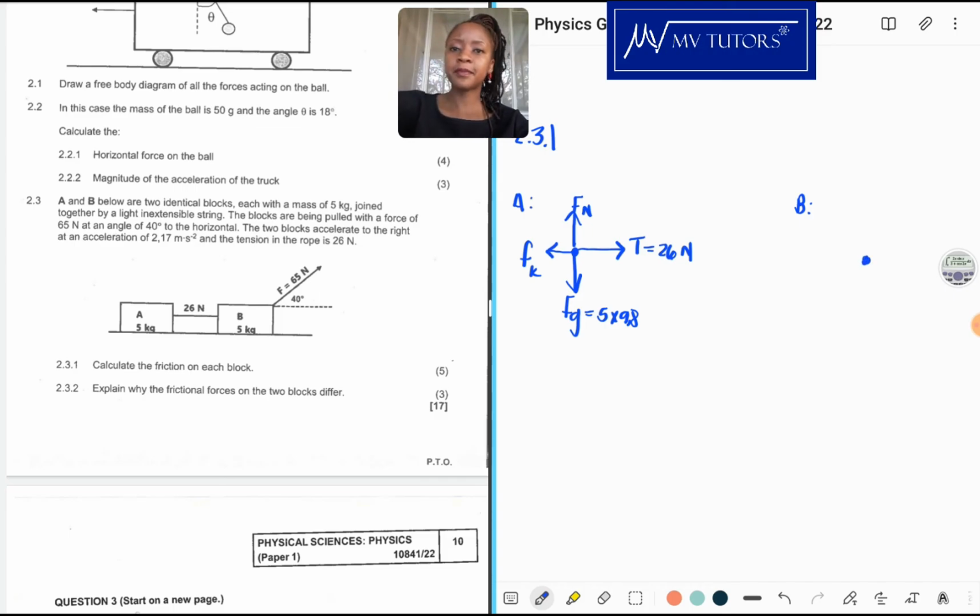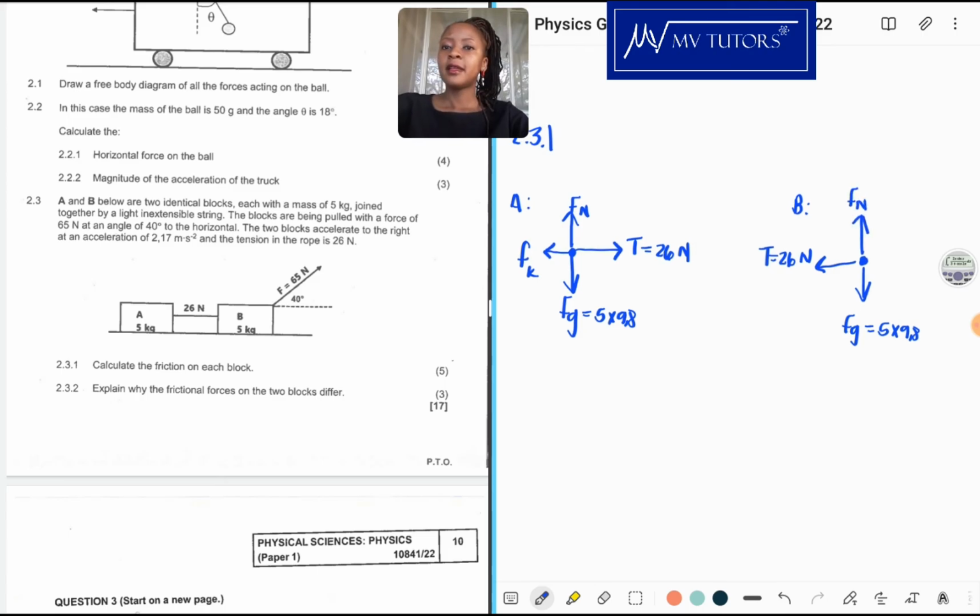And then for B, again, we have the weight. So that's 5 times 9.8. Then we have the tension force, 26. Then we have, again, the normal force.